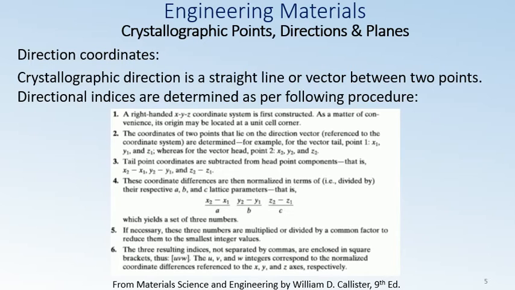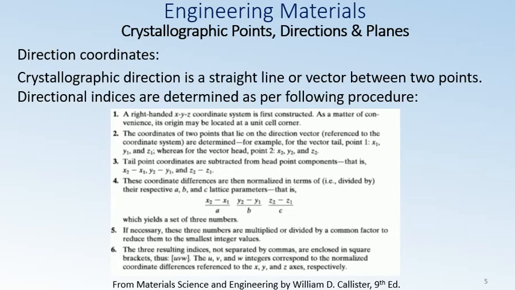What is required? When you have drawn the point coordinates for the initial and final position, and then draw the vector coordinates by subtraction, you then need to reduce these coordinates to the smallest integers. These coordinates must be integer values, and you do this by multiplying with a common factor, and you put the indices in square brackets without commas.